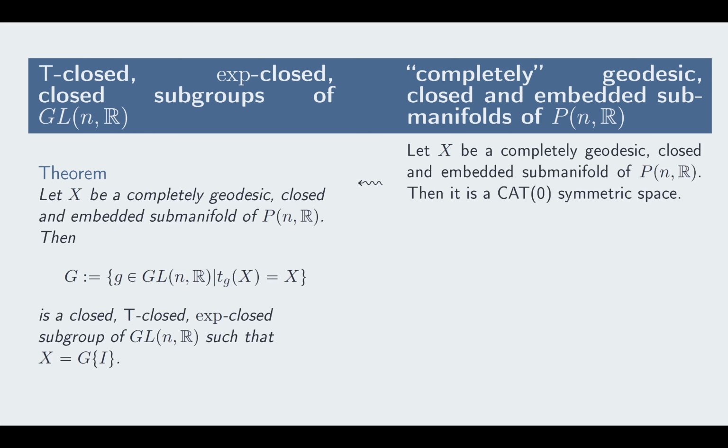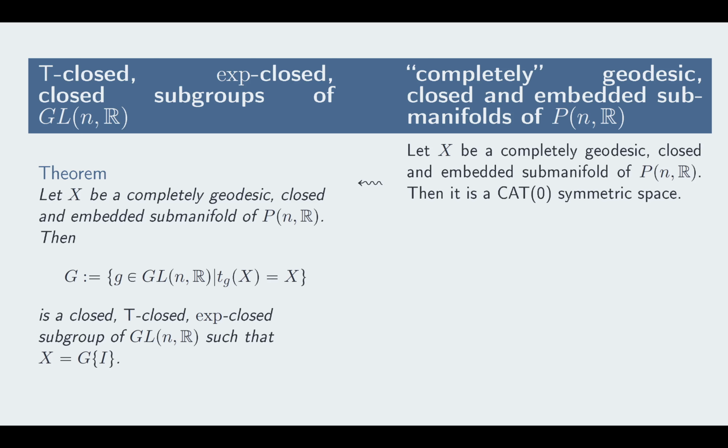The converse is also true: if I start with a completely geodesic closed embedded submanifold, which will be a CAT(0) symmetric space, and I consider the group of all elements of G which preserve this submanifold, then it will be a transpose closed and exponentially closed subgroup.